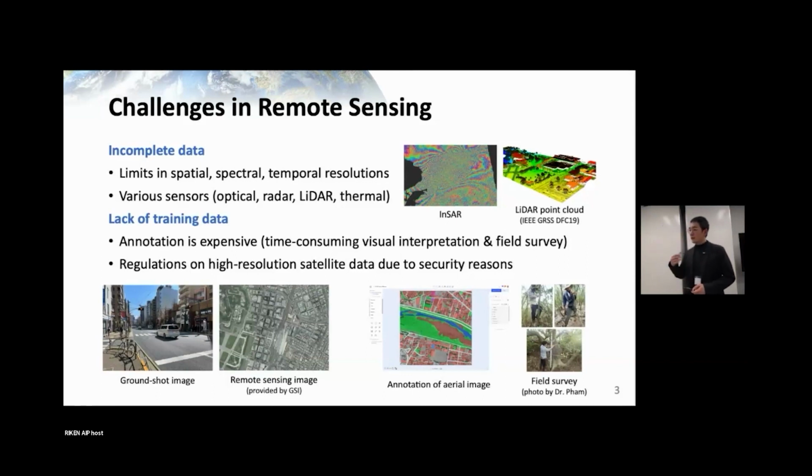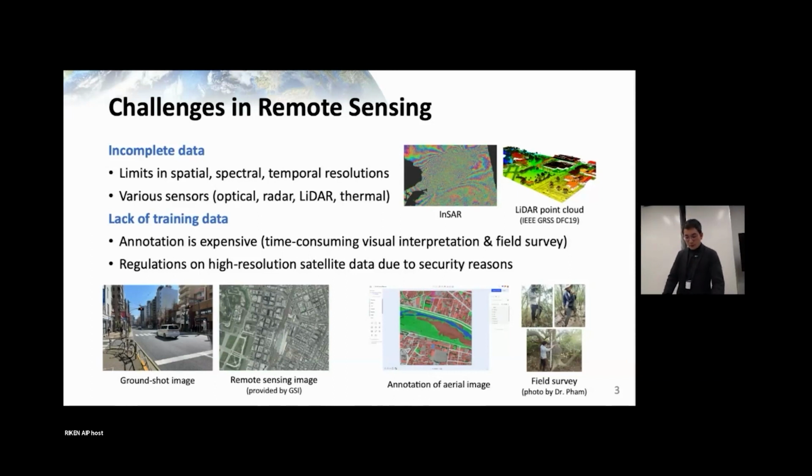And also some ground truth is only available by field survey, which costs a lot, as shown in these photos. Also, another annoying matter is that for very high resolution satellite data, there are regulations on accessibility due to security reasons, which slow down the construction of publicly available data, which is very different from the computer vision community.